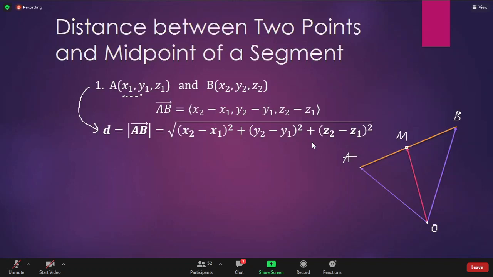So if we think about the vectors OA and OB, we want to find the vector OM, which will give us the coordinates of the point M. So let's remember, how can we express the coordinates of point M using vectors OA and OB?